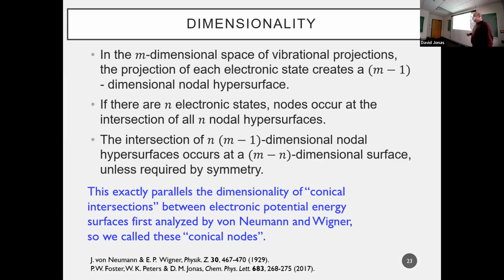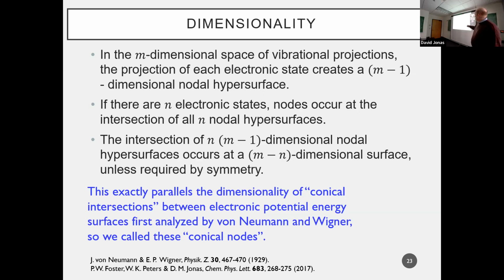And so what's the dimensionality? How does this work? If we have an m-dimensional space of vibrational coordinates, then we're expecting m-1 dimensional nodal hypersurfaces each time we project onto an electronic state. If there are n electronic states involved, nodes will occur at the intersection of all n nodal hypersurfaces.